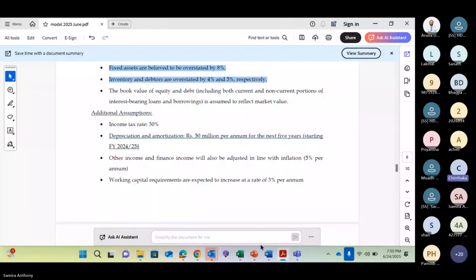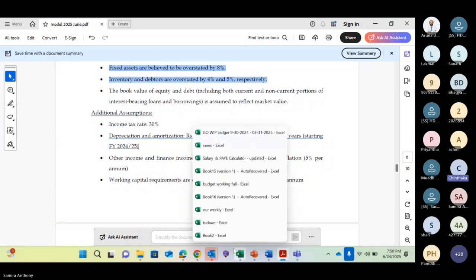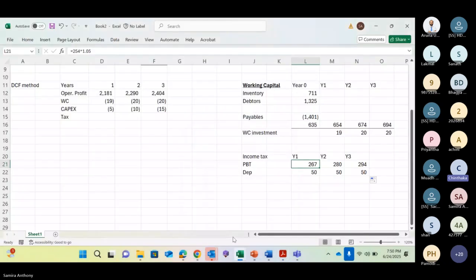Then, sir, in this question, when we do not calculate from profit before tax but from the forecasted operating profit, we need to deduct interest expenses again, no?